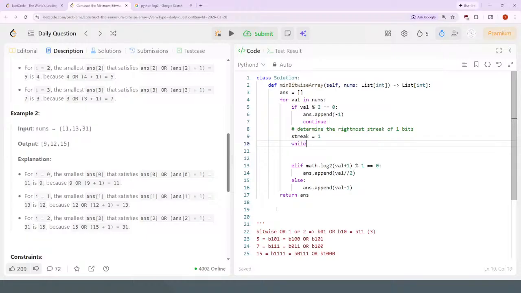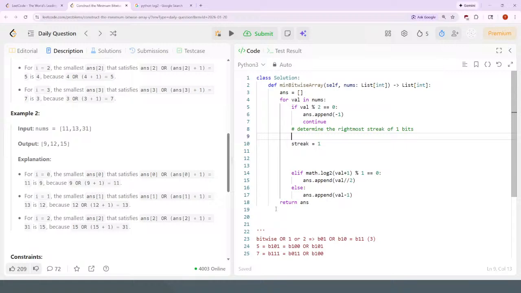I think I can do something with while value. So if I look at the last bit in value, it's going to be while. Actually, I need to copy this value. I want the original. Let's say current is equal to value.